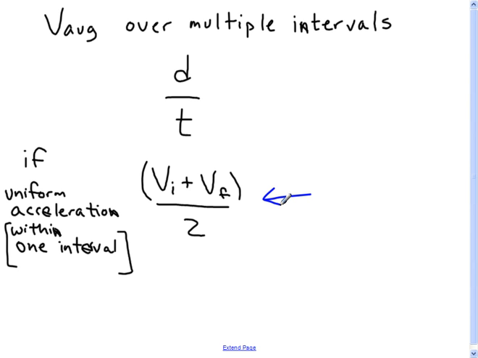But if you take your car out of gear and shove it into second gear, and you go from one speed to another, if you try to take the VI from first gear and the VF from second gear and find the V average over that whole time, guess what? Doesn't work. You wouldn't have uniform acceleration between first and second gear. This only finds you V average across one. So you would have to do this. You'd have to know the distance you traveled in first and second gear.